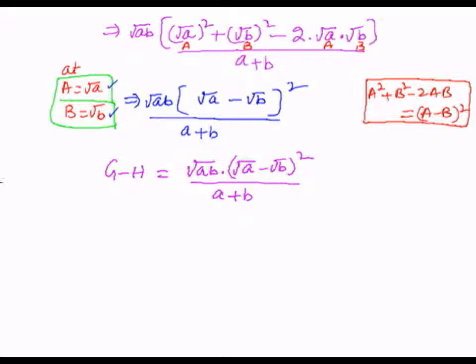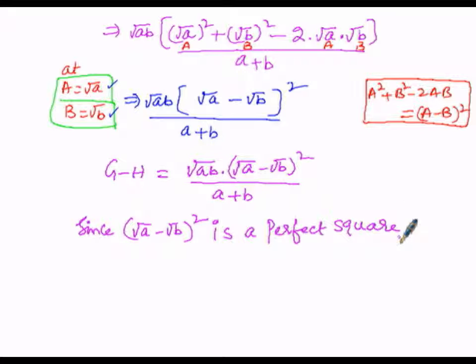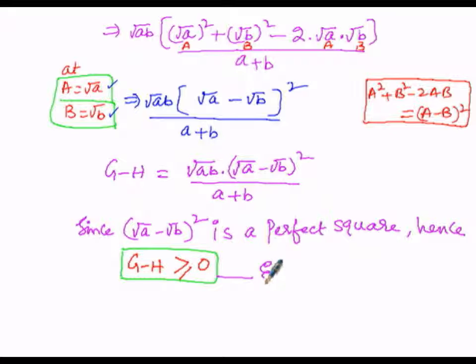So yes, since root a minus root b whole square is a perfect square, hence g minus h value will be greater than or at least equal to 0. Let us write it as equation number 4.